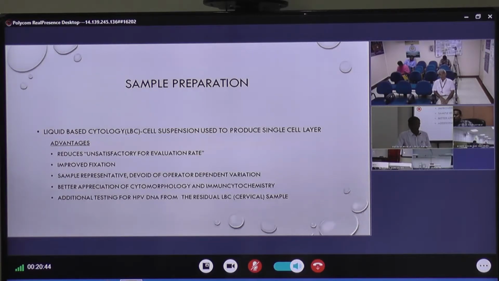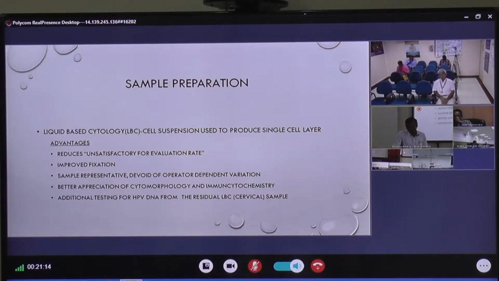Then the concept of cell suspension emerged, and we have liquid based cytology, where the cell suspension is used to produce a single layer of cells on the glass slide. There are some advantages, like it reduces the unsatisfactory for evaluation rate. There is definitely improved fixation, and the sample is devoid of operator dependent variation.